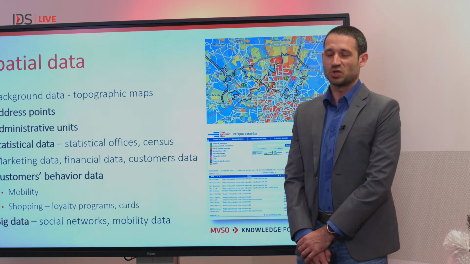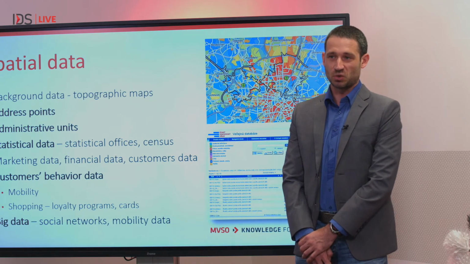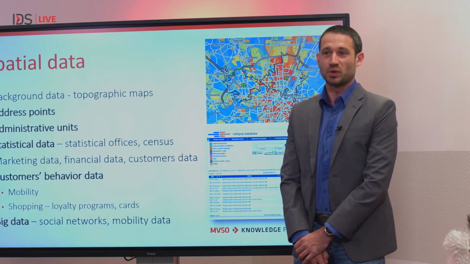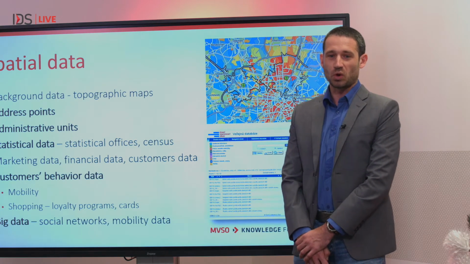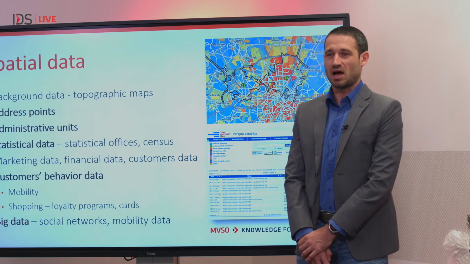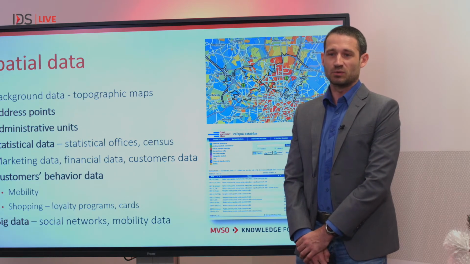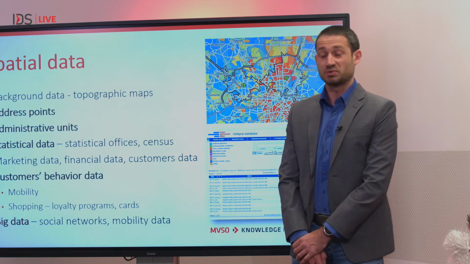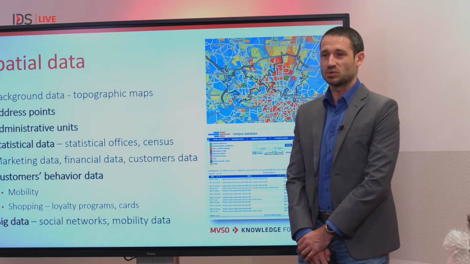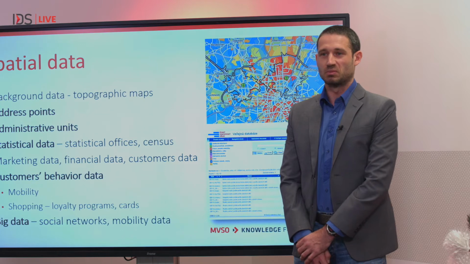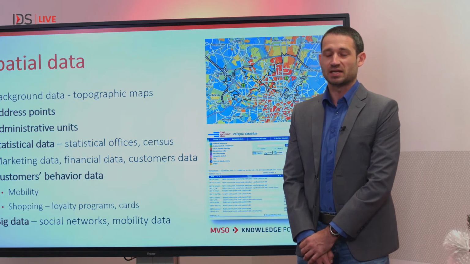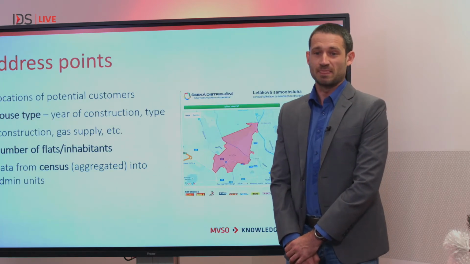We need to know not only where people live, but also how they travel, how often and where they travel, where they work. All of this information is very crucial for geomarketing purposes. We can work with official data, with statistical data, but nowadays we can also work with modern data sources like social networks or mobility data.